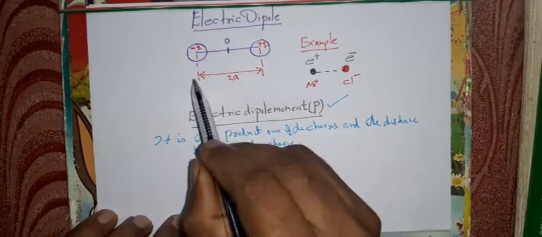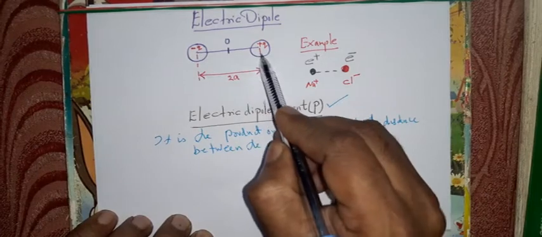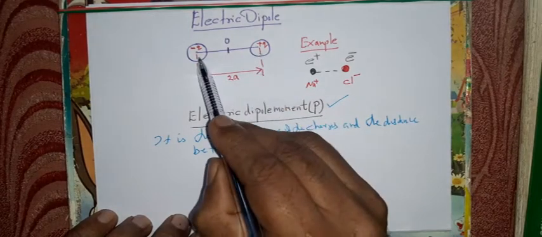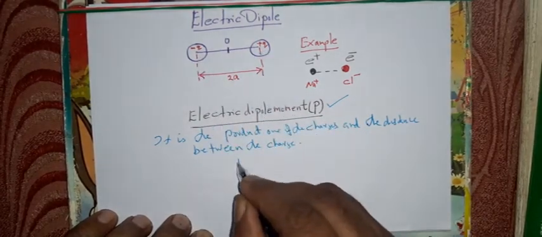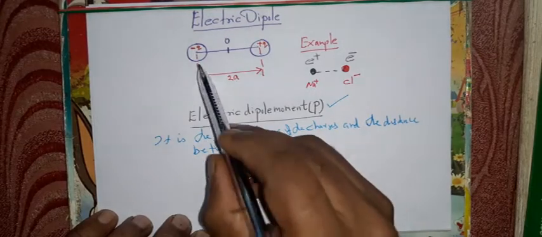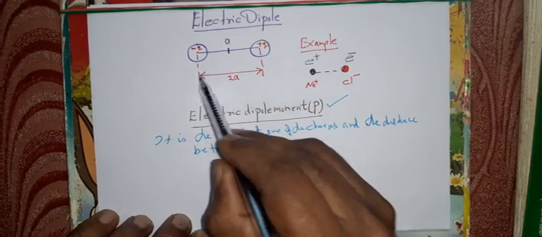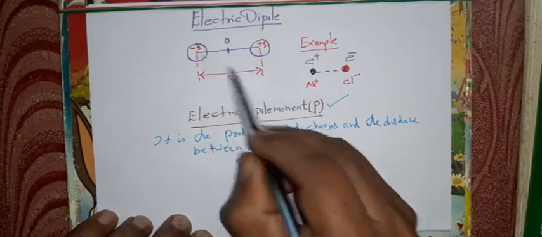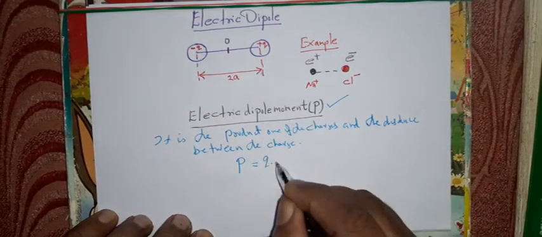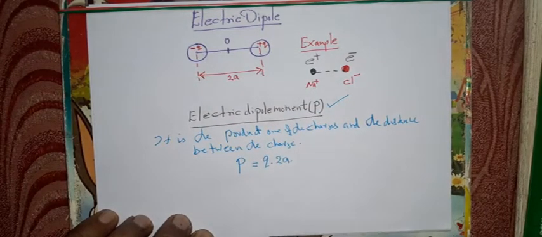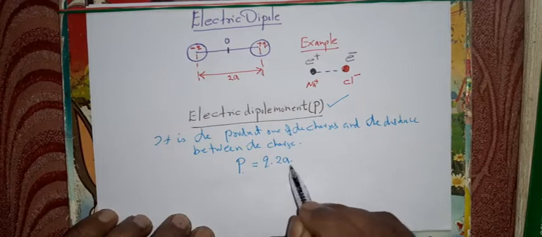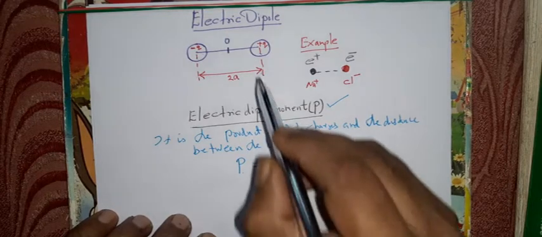You can see here, minus q and plus q are the charges in the dipole. So to define the electric dipole moment P, you can take one of the charges q and the distance 2a. The product of q and 2a is called electric dipole moment. Therefore, P is equal to q into 2a.